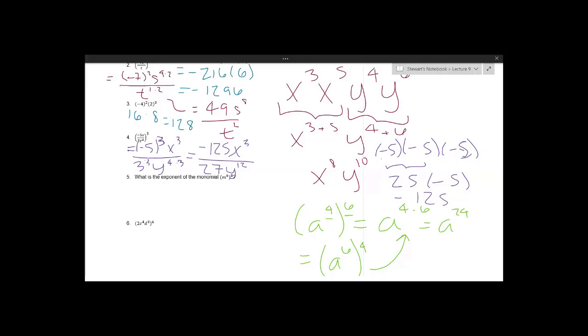And then we can't really simplify this at all because 125 and 27 don't have any common factors. So this is our final answer. It would be negative 125 x cubed over 27y to the 12th power. We can't really do anything else with that.